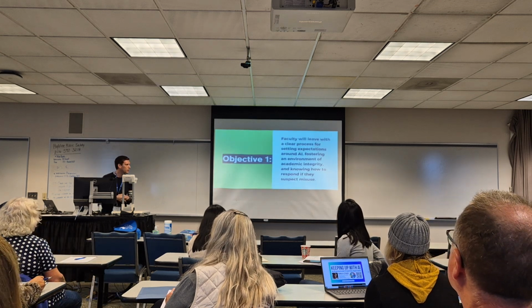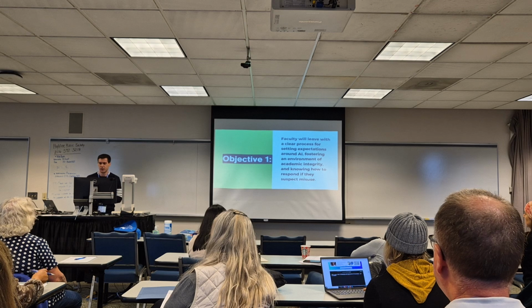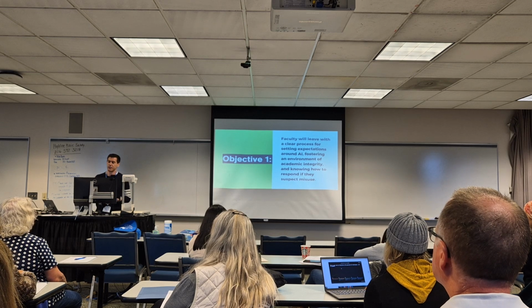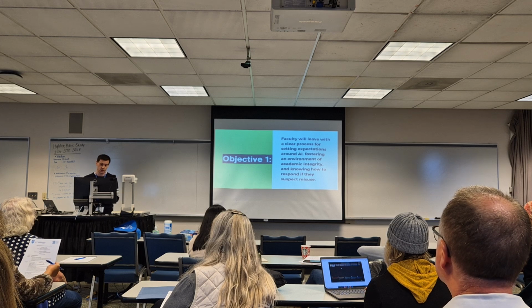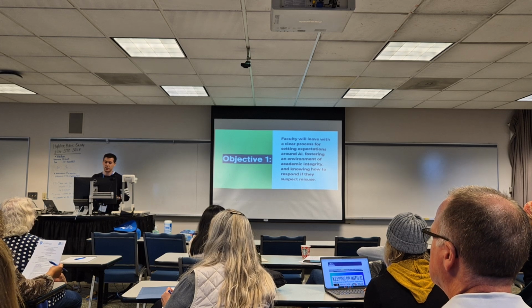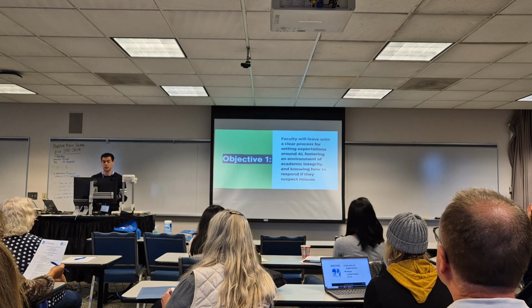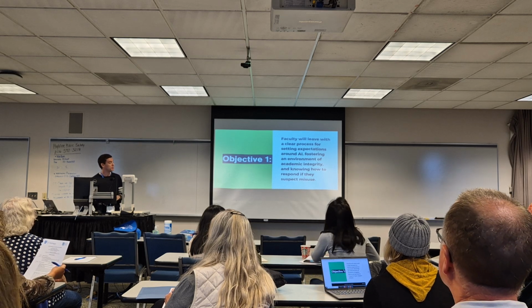Objective 1 here, just so that it's very clear with you all, faculty, you all will leave with a clear process for setting expectations around AI, fostering an environment of academic integrity, and knowing how to respond if they suspect misuse.